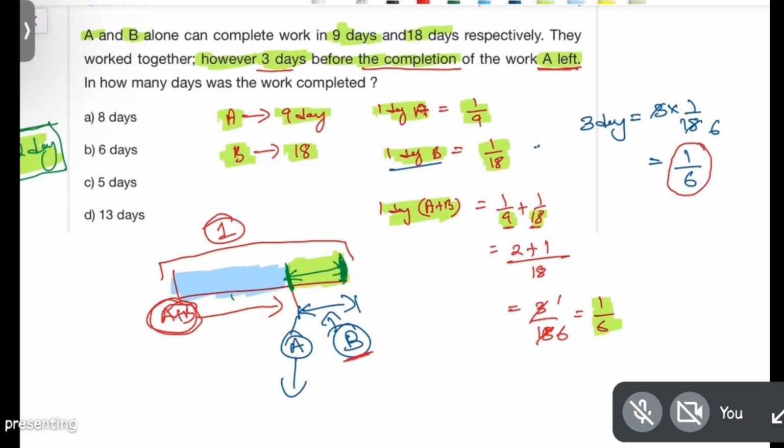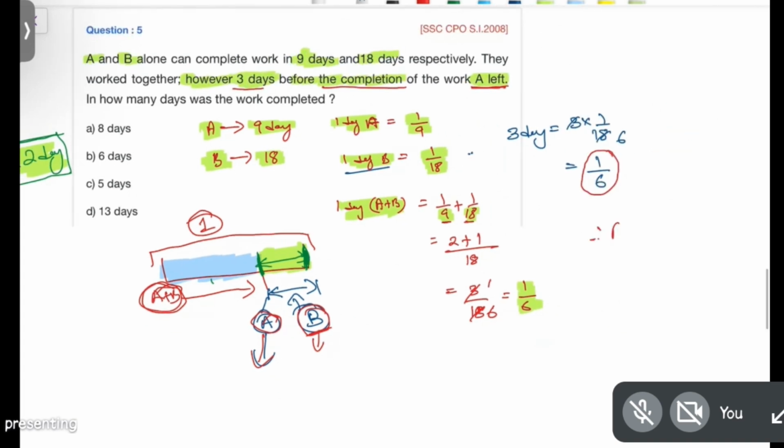Because after A leaves, B will be working those 3 days. That's the reason I'm getting this. Now, the remaining work: there was a total of 1, and from that 1 by 6 will be done by B in the last 3 days.